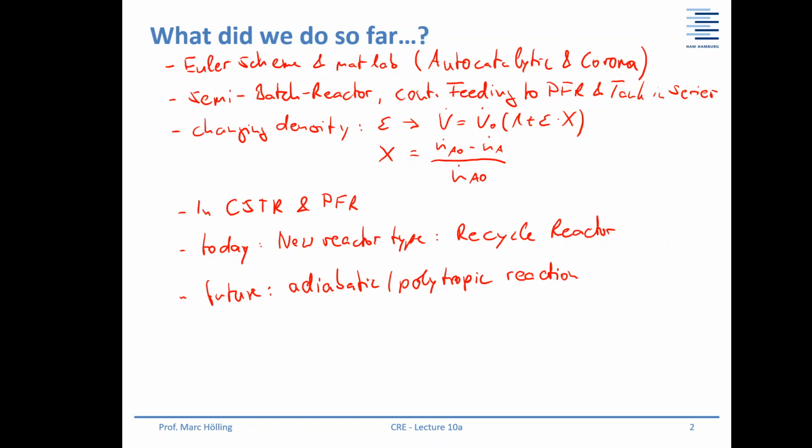But if we go for adiabatic or polytropic conditions, then we might find that sometimes the CSTR is better. And for this, we can also use the recycle reactor. Okay, this maybe as a short repetition.